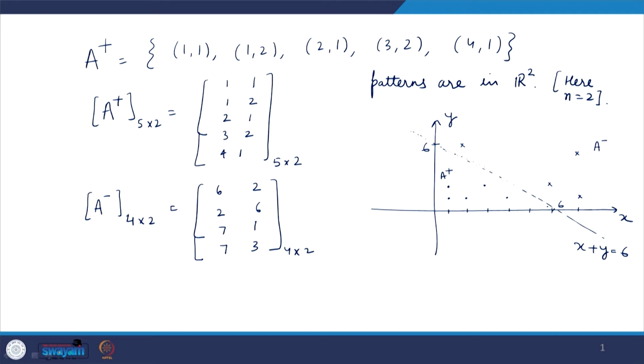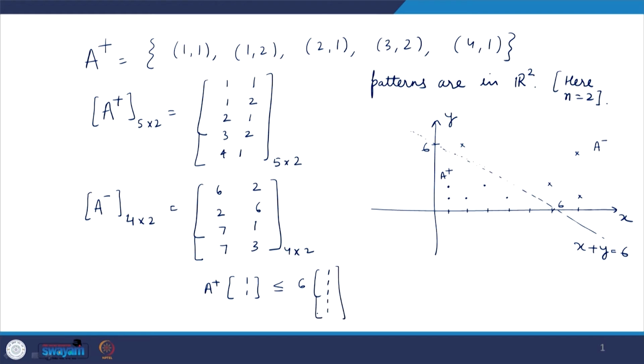Okay. Now, if you take x plus y equal to 6, and take A plus times 1 1, this is W1 is 1, W2 is 1, it is now less than or equal to 6 times the vector of ones.